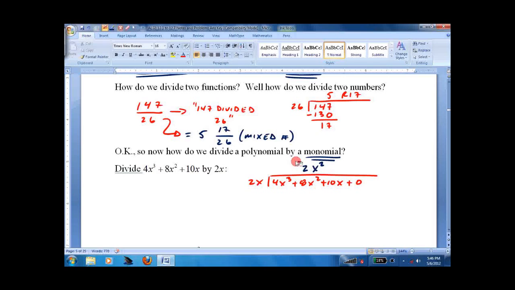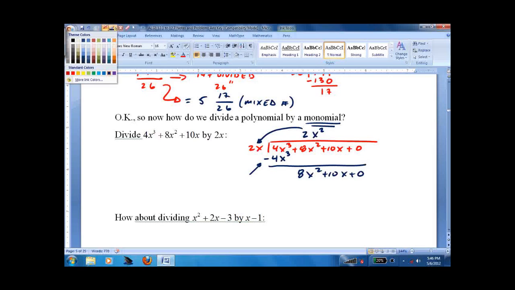And what I think of it as is when I multiply these two together, I should get this first term here. So 2 times 2 is 4. X squared times x is x to the third. If I get the same first term, I did it right. 8x squared plus 10x plus 0 come down. Notice I put a negative out front because we're subtracting.